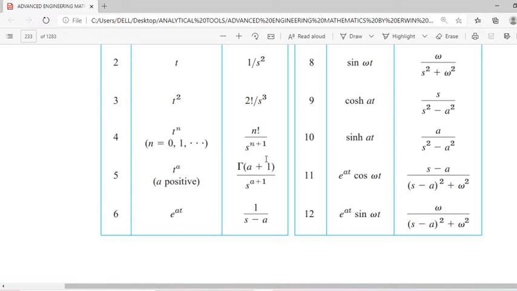It is given here. You can look at these two formulas, e raised to at cos omega t and e raised to at sine omega t.